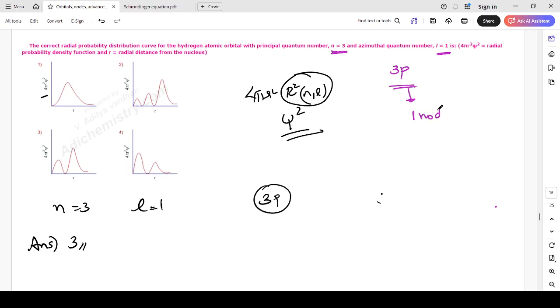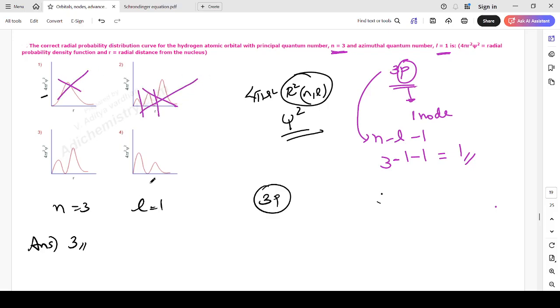One node. Substitute the formula n minus L minus 1: n is 3, L for p is 1, and this gives 1. In the graph, this one is not having any nodes at all. Here I am having 2 nodes, and here, in both cases, 2 nodes.